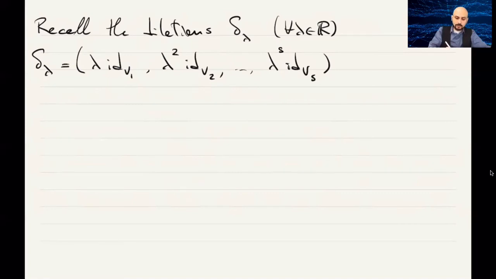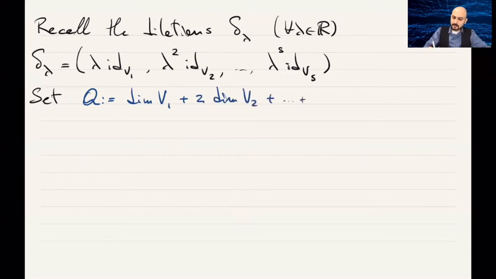Now I'm going to define the following number Q to be the sum of the dimension of V1 plus twice the dimension of V2 plus, and so on, plus s times the dimension of Vs. This is the definition of this number Q, and sometimes we refer to this number as the homogeneous dimension, which for now is just a name.